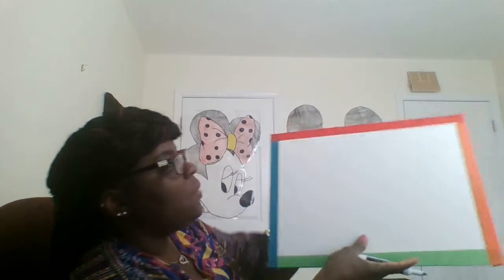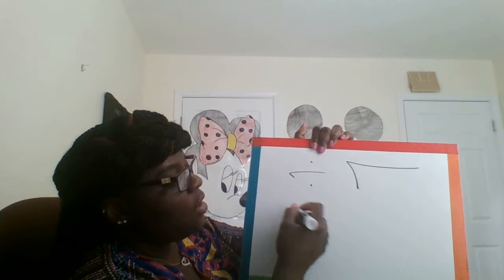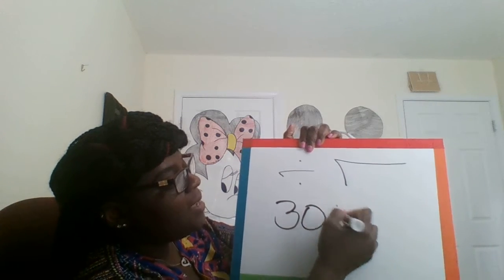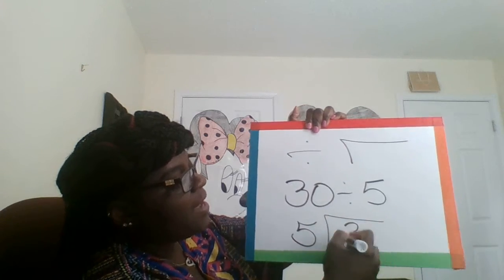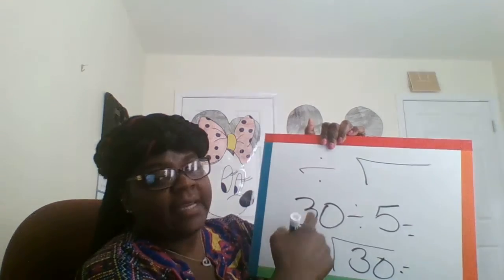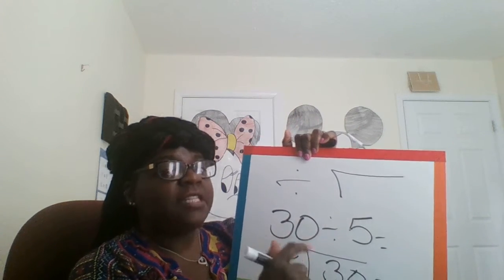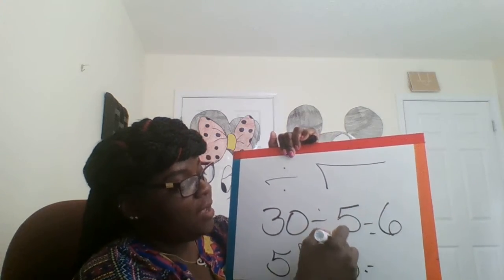What we've been working on, this means divide and this means divide. So 30 divided by 5 is the same as saying 5 divided by 30. And all I need to do is count by 5 till I get to 30. 5, 10, 15, 20, 25, 30. Both ways will give me 6.